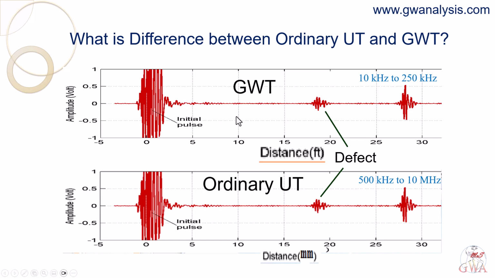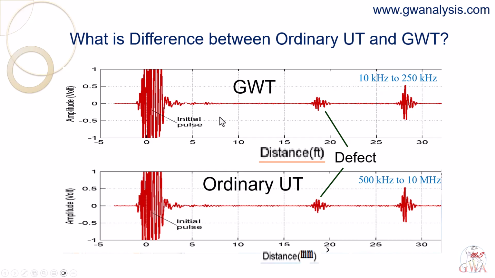This slide shows two data plots of guide wave testing and ordinary ultrasonic testing. The only difference is the x-axis unit: foot for guide wave testing, millimeter for ultrasonic testing. In other words, the guide wave testing method is one of the ultrasonic testing methods using low frequency.